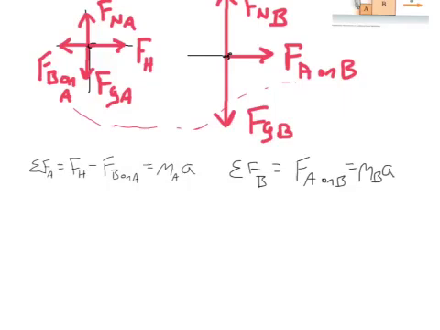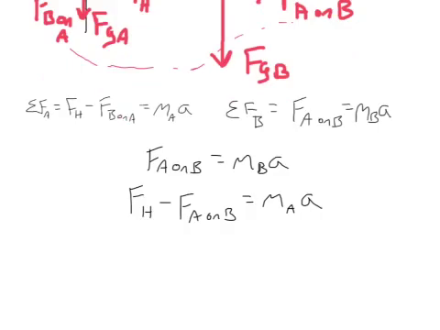But we've also got another bit of information. We've got Newton's third law, which tells us that the force of B on A has got to equal in magnitude the force of A on B. So with this information, our two equations become this here. Now our goal is to find this force of A on B. So what we need to do is eliminate this unknown acceleration here.